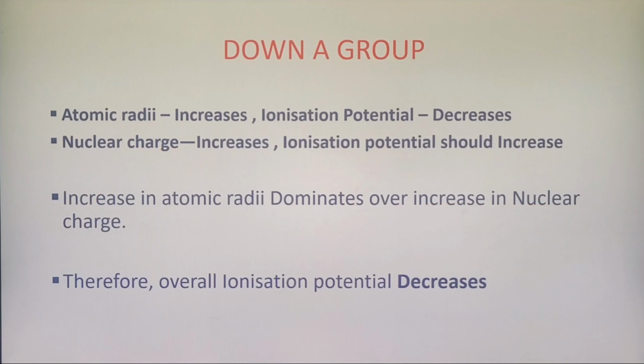Why are you ignoring that as a factor, children? Because at one place it is decreasing and one place it is increasing. So here you will have a confusion about which one to take. So please remember, atomic radii or whichever is the other factor is always going to dominate. We have hence concluded that down a group, ionization potential will decrease.